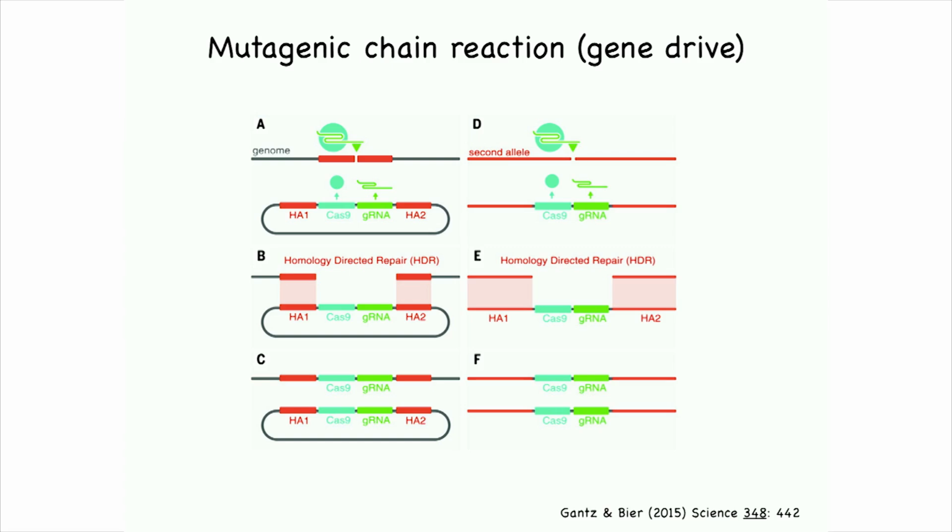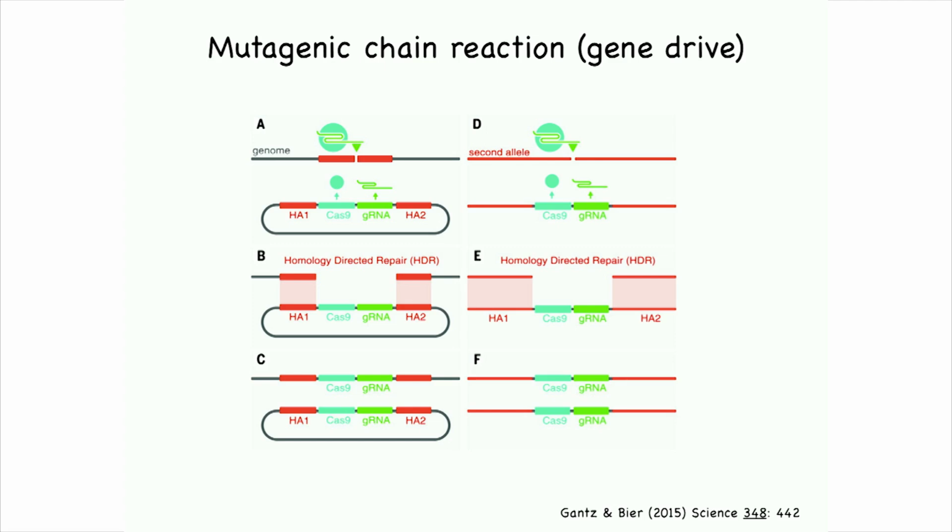So the break is made, some frequency you'll get homologous repair, and now that locus is interrupted and also carries the functional Cas9 and guide RNA coding sequences.